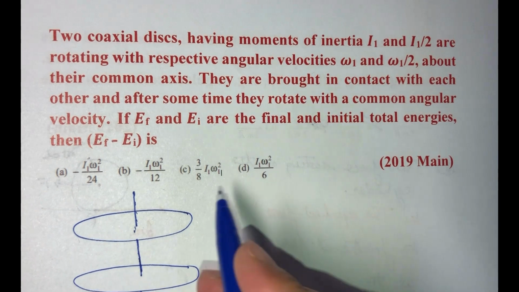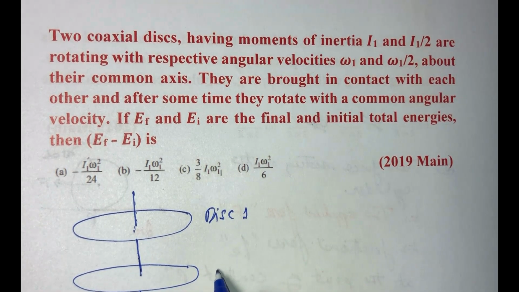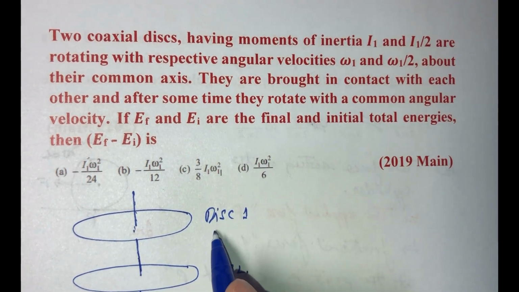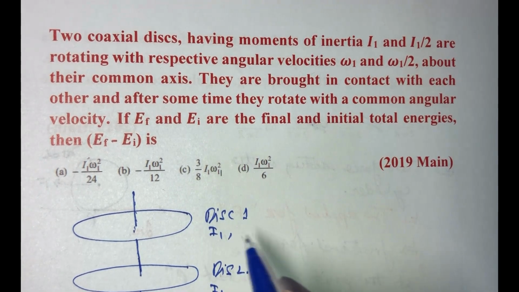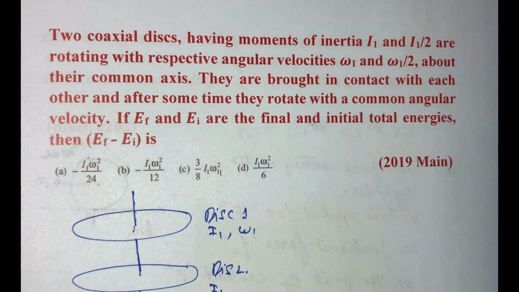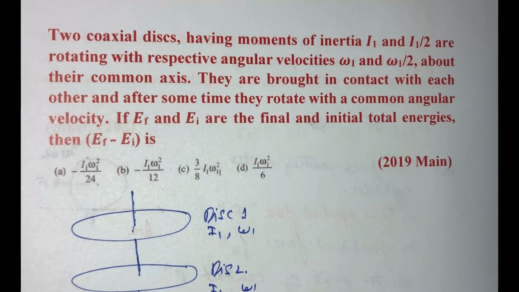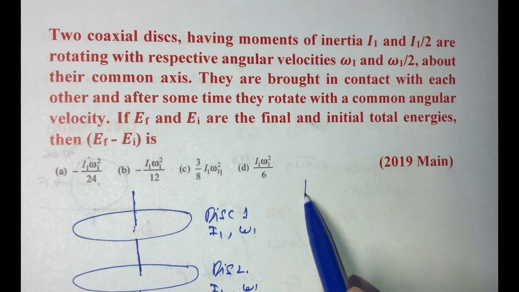Let us call this disk 1 and this disk 2. Disk 1 has moment of inertia I1 and angular velocity omega 1, disk 2 has moment of inertia I1 by 2 and angular velocity omega 1 by 2. This is the common axis, and after some time they are brought together.